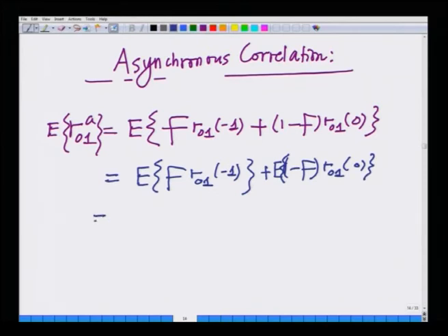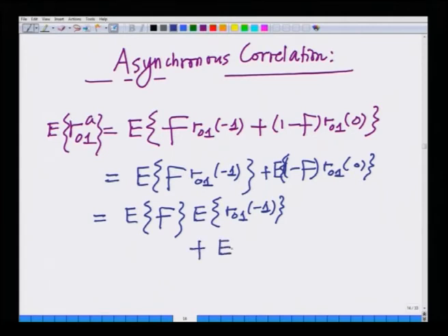Remember, the fraction f has no bearing whatsoever on the random correlation. So, these are two independent random variables, hence this can be naturally split into expected f times R01 of minus 1 plus expected 1 minus f times R01 of 0.